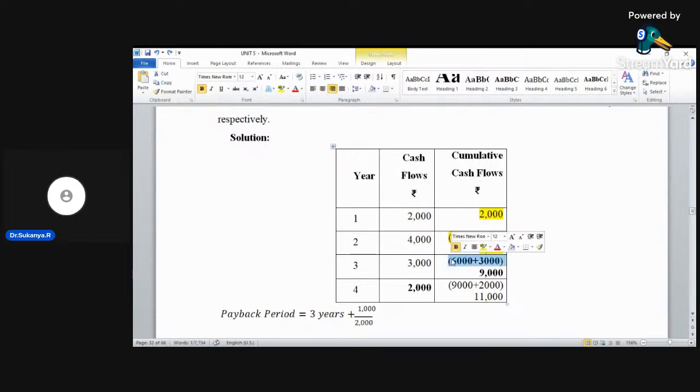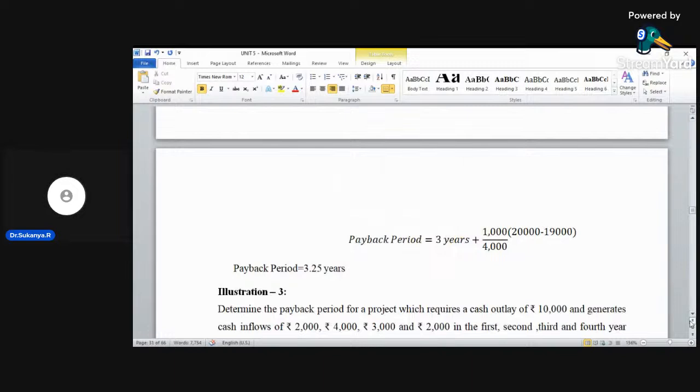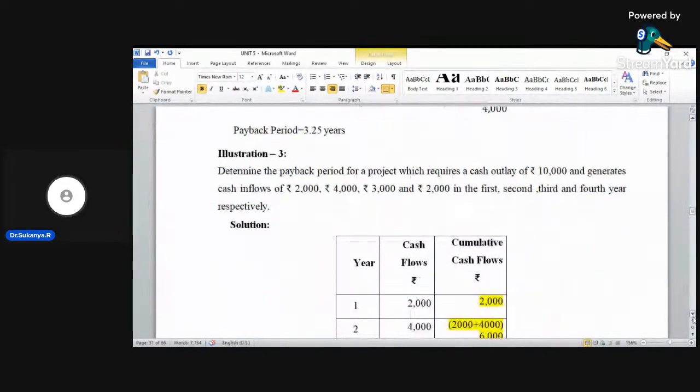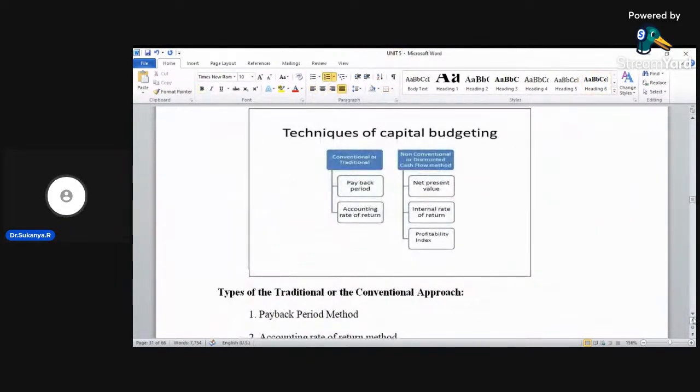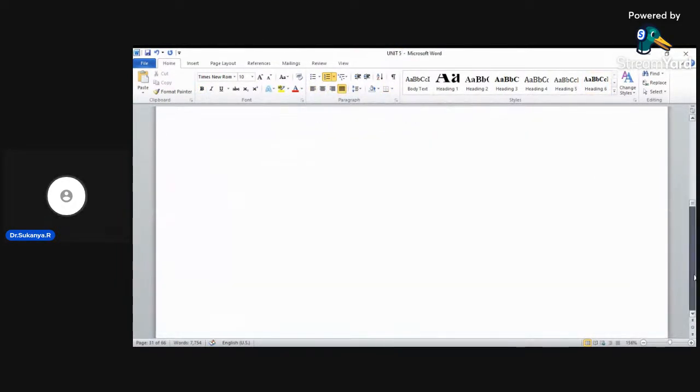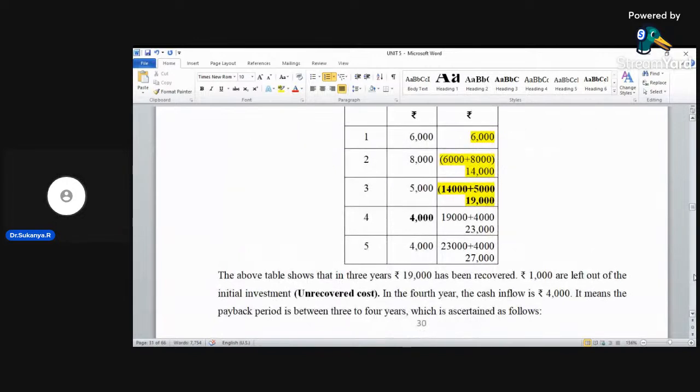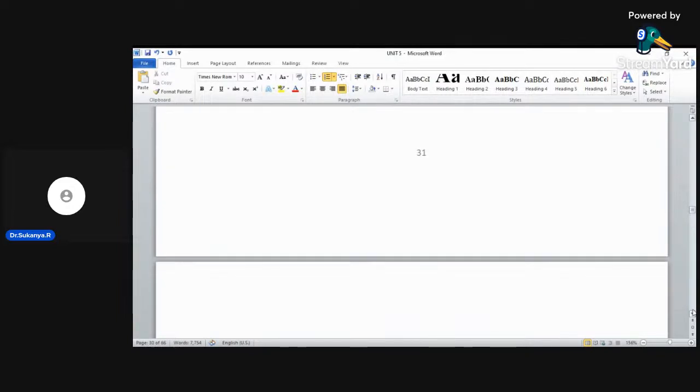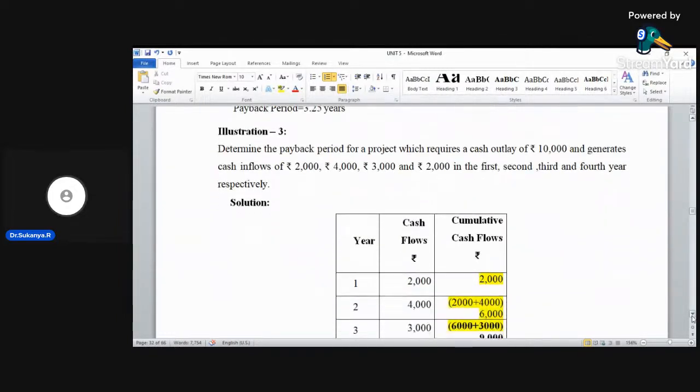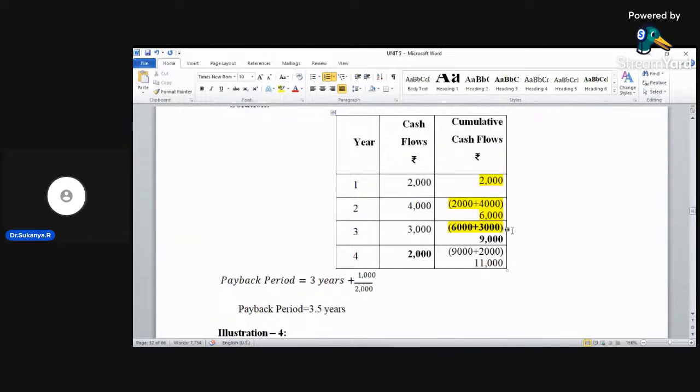Now, why I have stopped here is that the original investment we made is 10,000 rupees. See, the original investment is 10,000 rupees, but by the end of the third year we are able to get back 9,000 rupees. So what you should keep in mind is that the payback period is 3 years plus something.